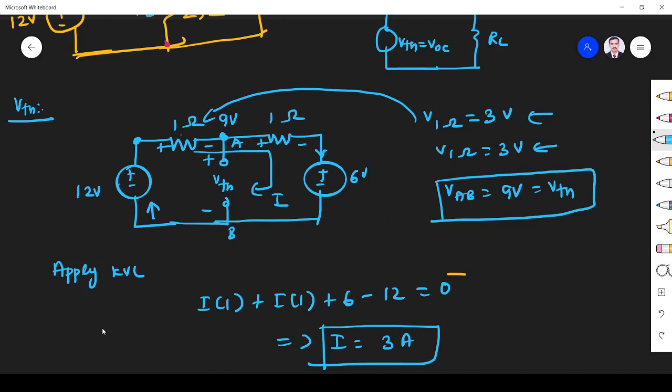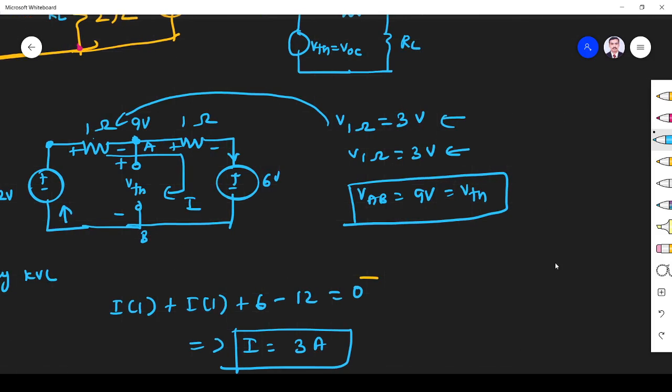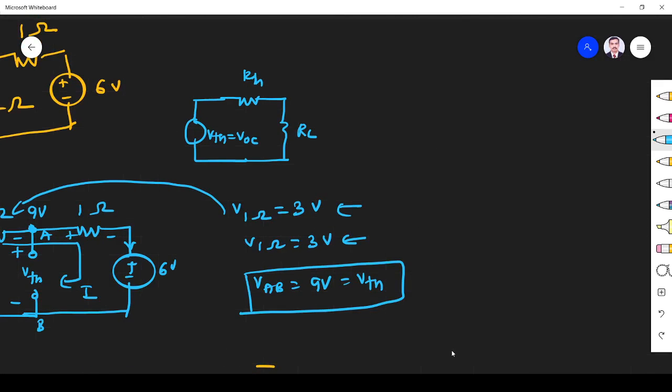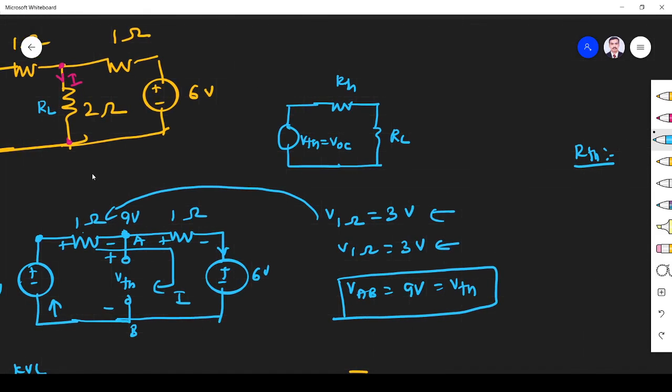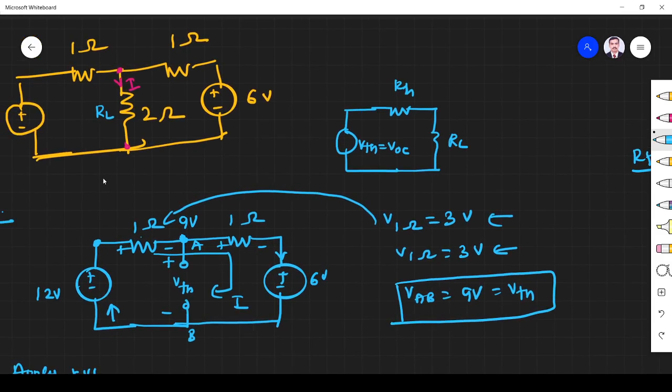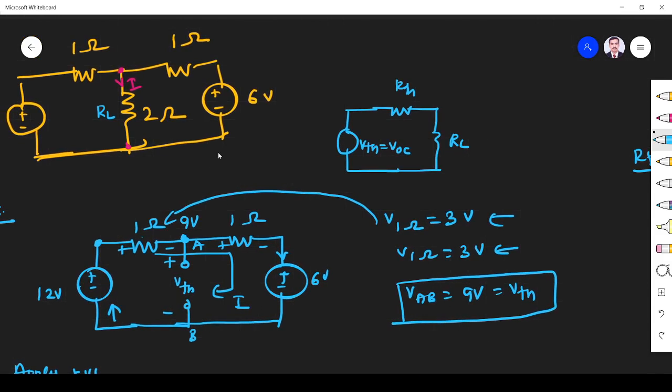Next, what we have to find? We have to find R Thevenin, Thevenin's resistance, right? So how to find R Thevenin? R Thevenin is a resistance which is obtained by removing all the sources by its internal impedance. Voltage source has an internal impedance of 0, current source has an internal impedance of infinity.